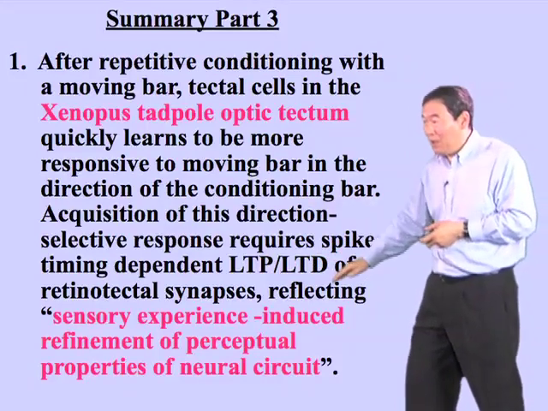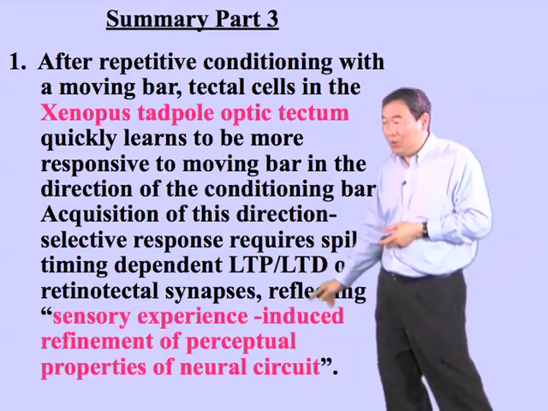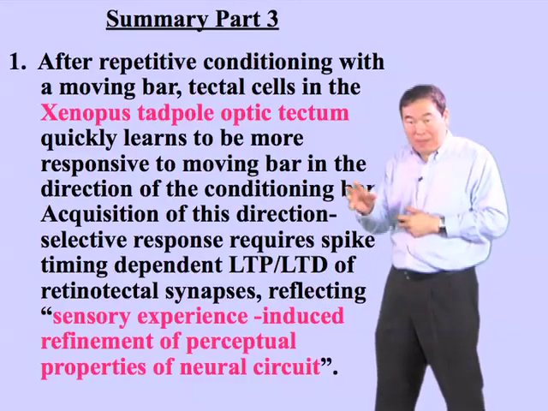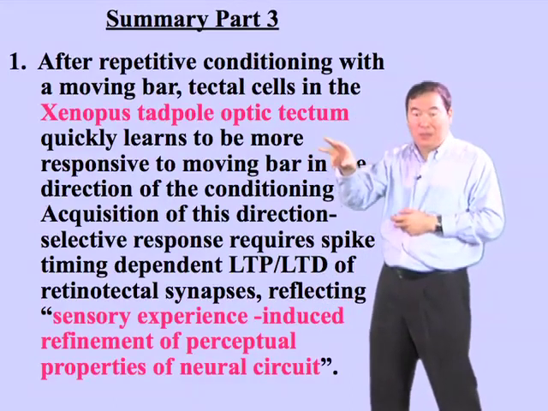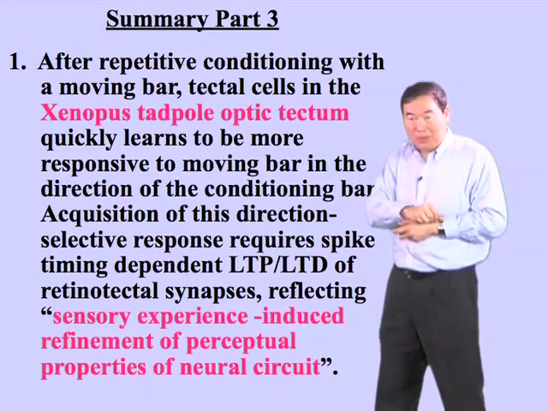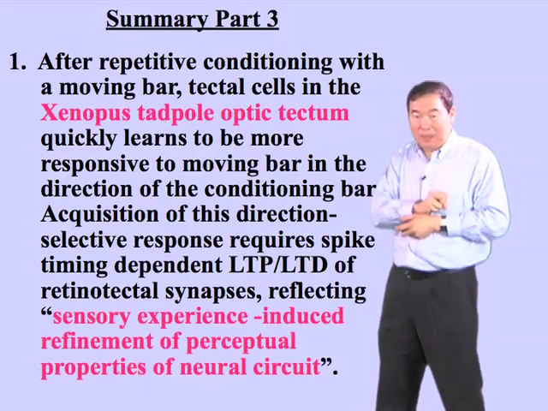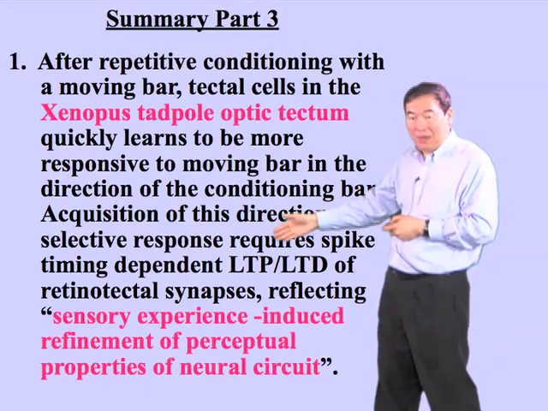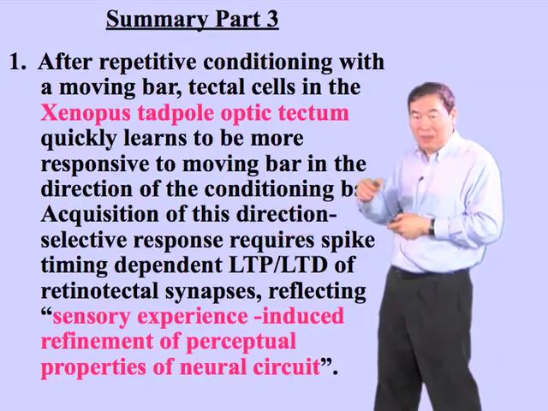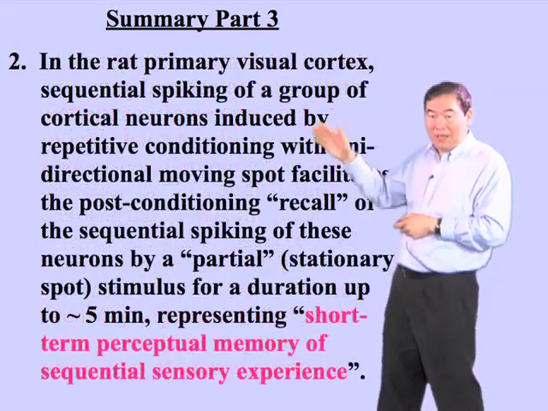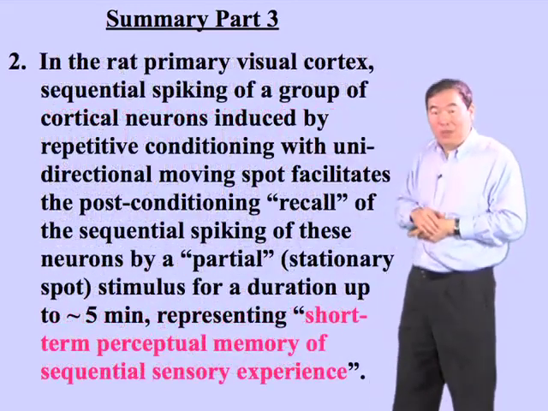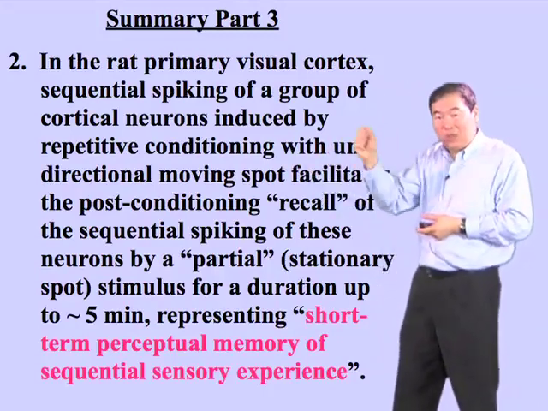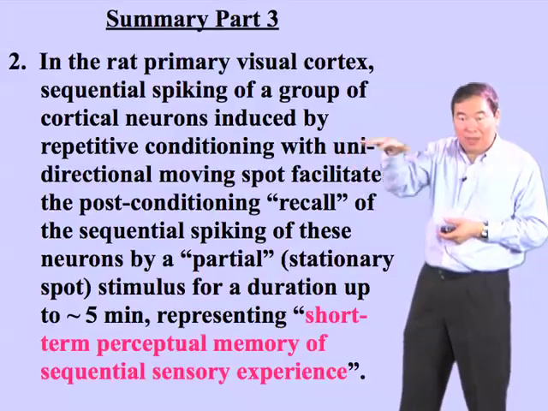So that experiment shows that sensory experience induces refinement of perceptual property of a neural circuit, a property of the circuit that can perceive direction of the visual stimulus. And the development of that perceptual property depends on synaptic modification, the LTP and LTD. In the second example, in a mammalian visual cortex, we showed this moving spot induced sequence firing, sequence spiking among the cells.